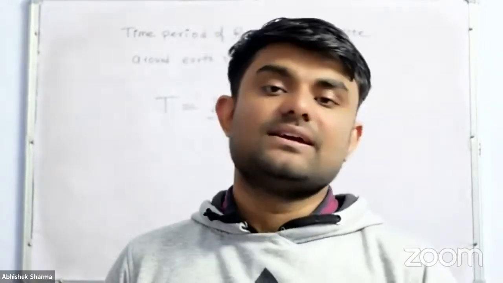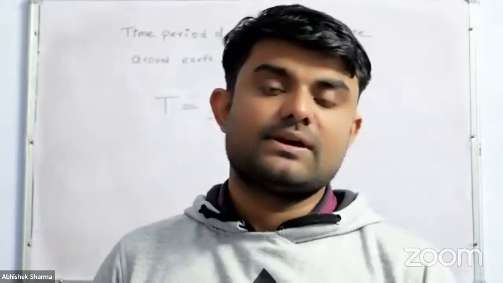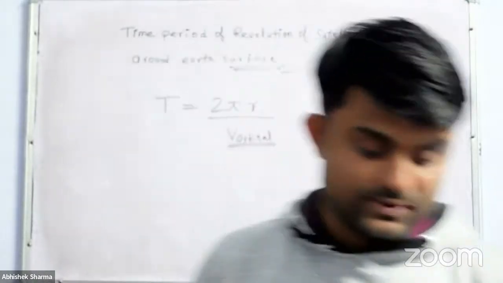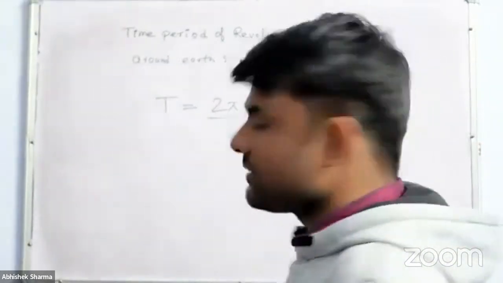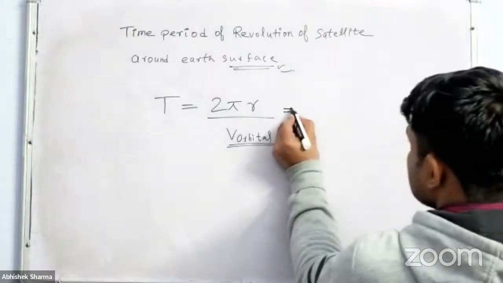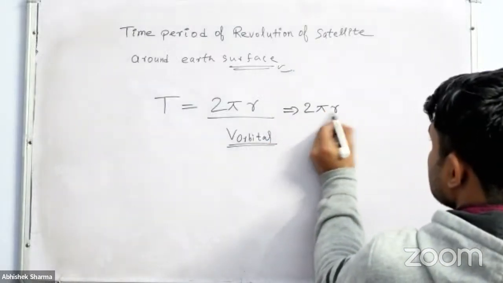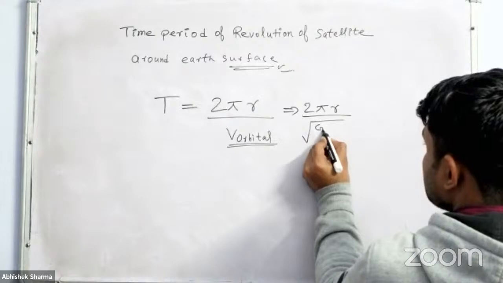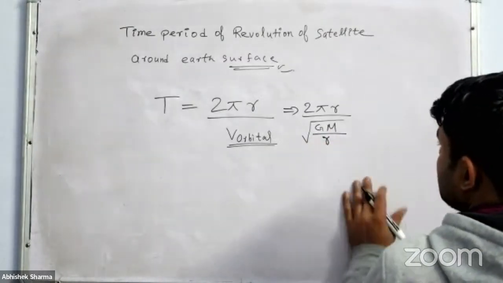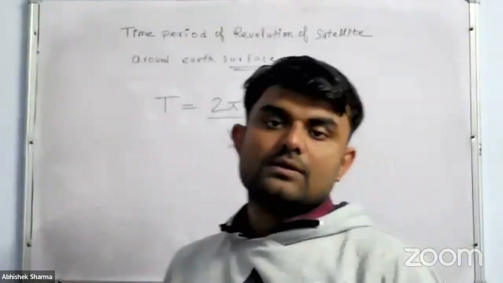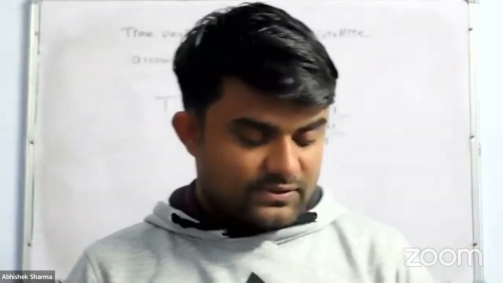We know that orbital velocity, in the acceleration due to gravity format, is under root gR. So let's take the basic format of the formula.